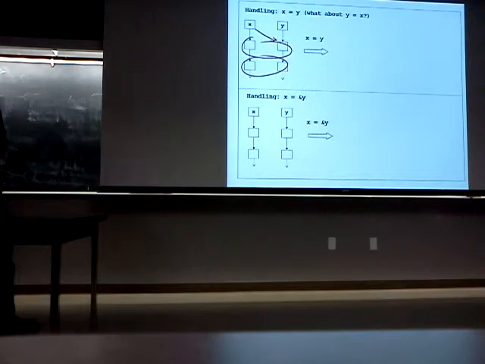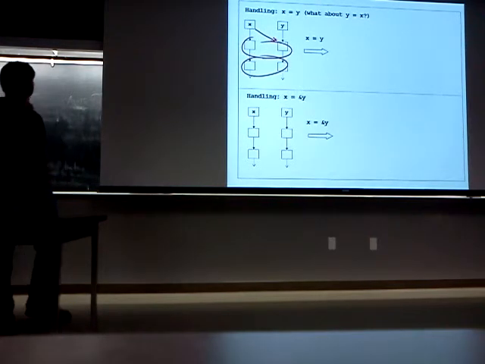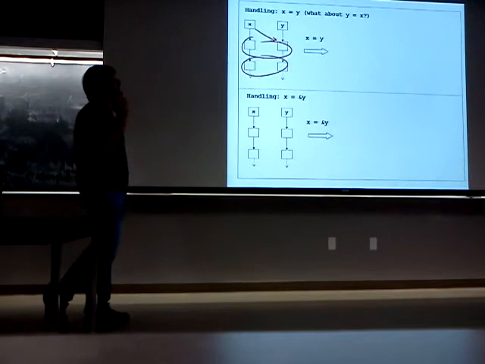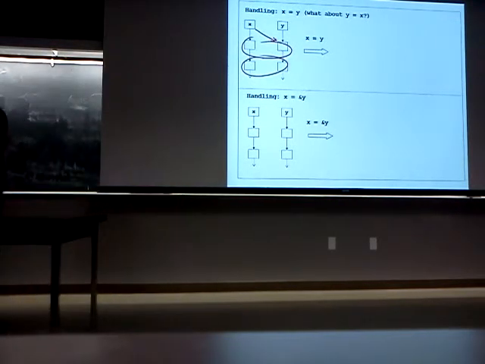The arrow goes the other way. What if you ran that instead of x equals y? You'd have the same graph.